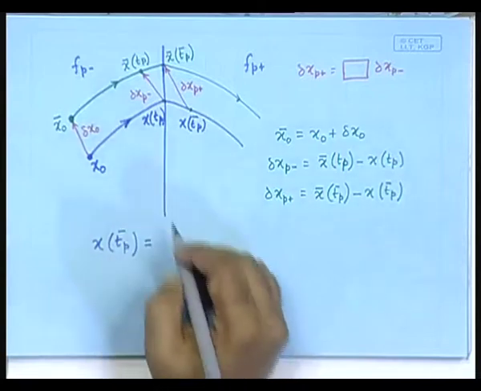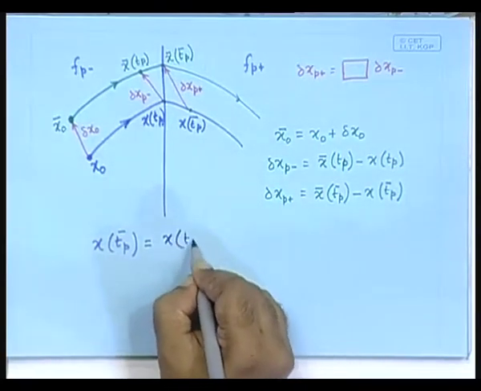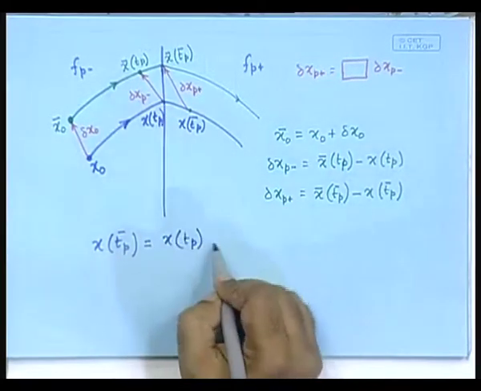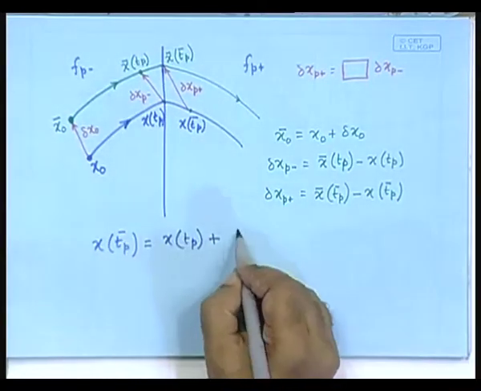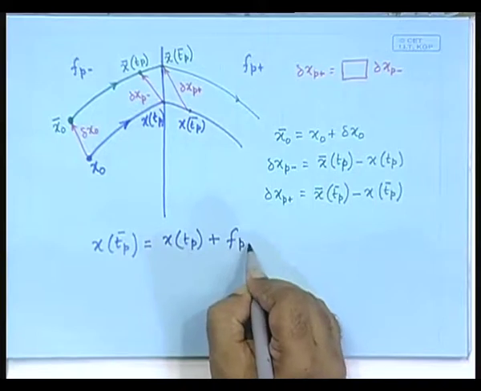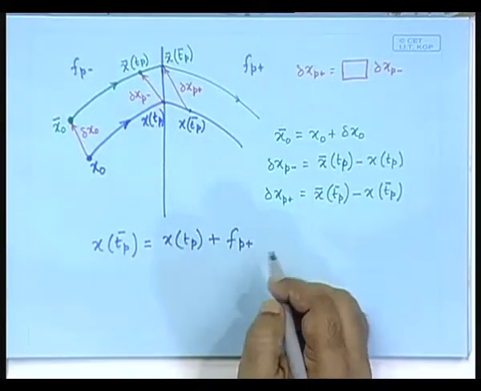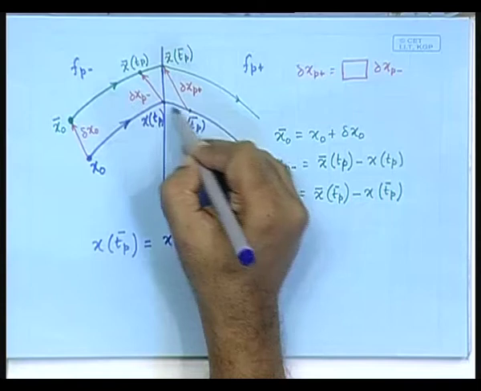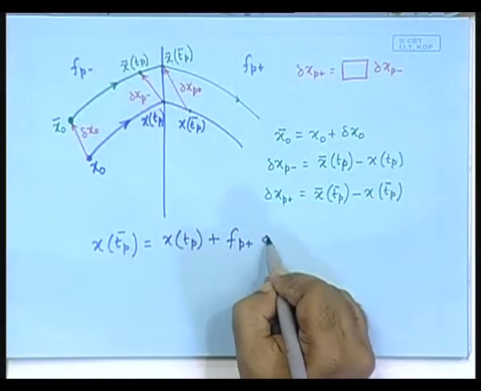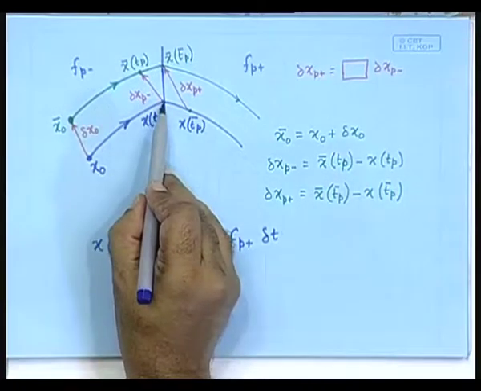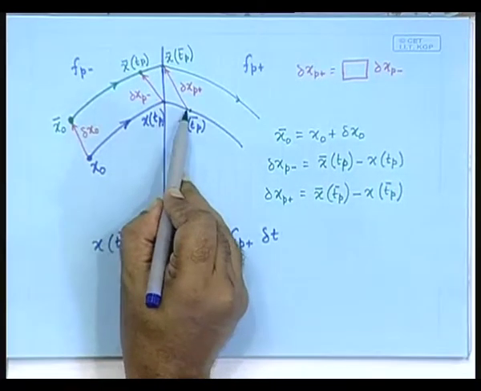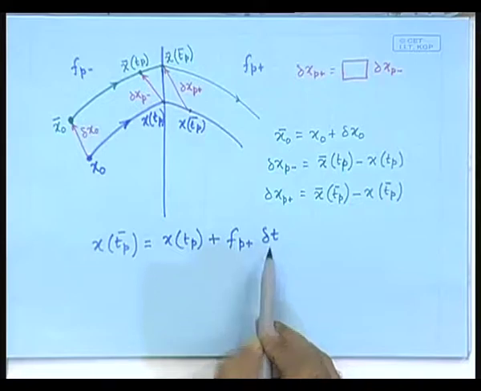So, this is x T p plus, in the first order approximation, you will have f p plus times the time that is taken, that is delta t. So, this plus the vector field times the time that is taken.